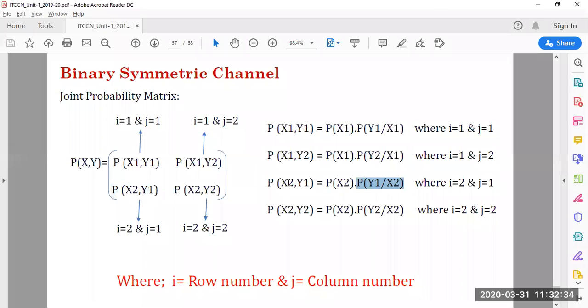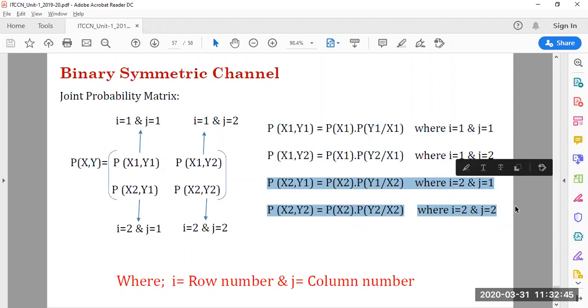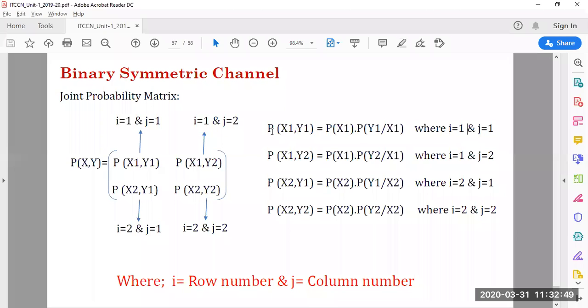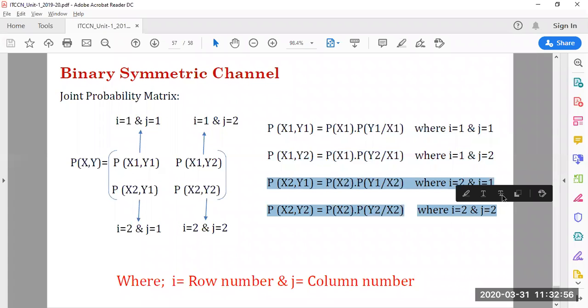Second row, first column element of conditional probability matrix. So where i is 2 and j is 1. Now remember, for first two elements i is 1, and for next two elements my value of i will be 2. But for both the values of i, j value, that is column value, will change from 1 to 2. Here also the value of j is changing from 1 to 2.